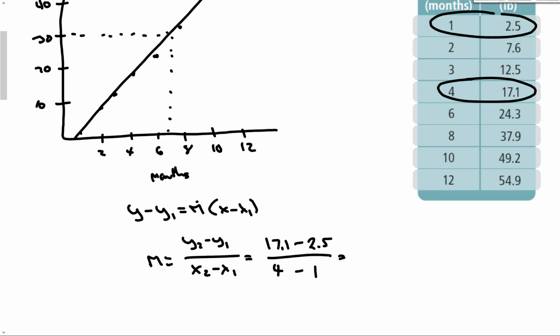Okay. This gives me 14.6 over 3. And that gives me an approximate slope of 4.86. Okay. Now, because this is an estimate of the data, your slope is not going to be exact between all of these, right?